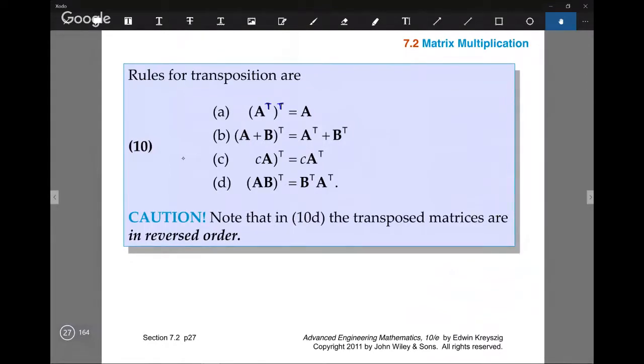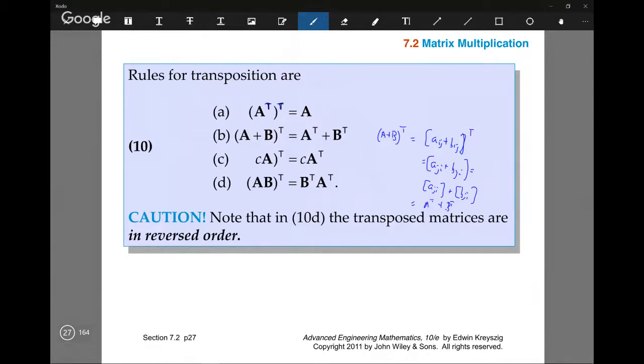(A + B)^T is A^T + B^T. If you want to prove this formally, you can think about it so: (A + B)^T is (Aij + Bij)^T, which is Aji + Bji, which is nothing but A^T + B^T.